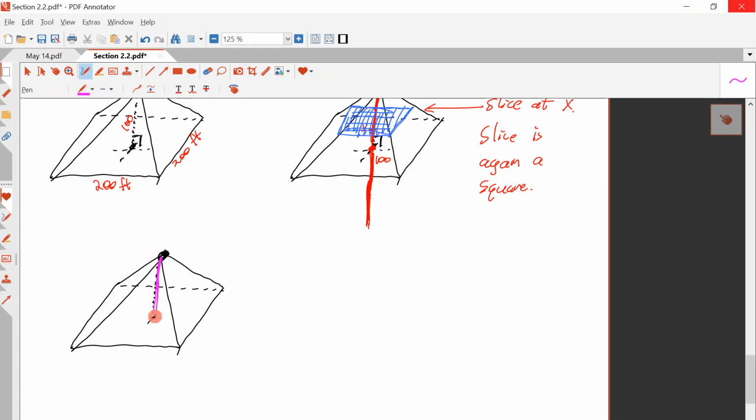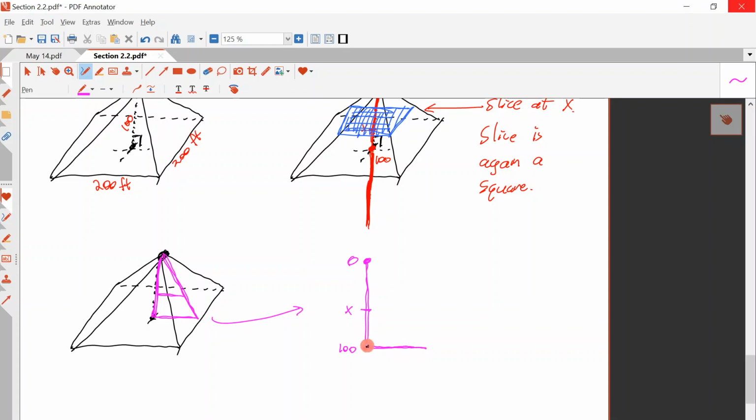Within this picture here, notice we've got this triangle. Okay, and here's x, and here's this line right here. So let's pull that triangle out. This is point 0, this is point x, this is point 100.